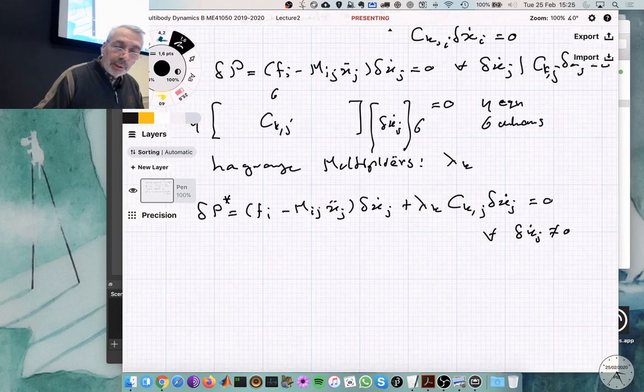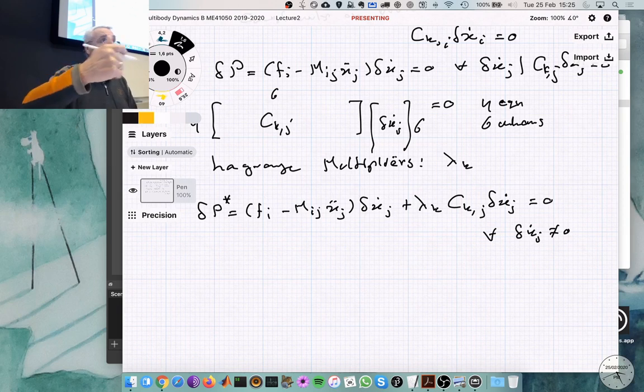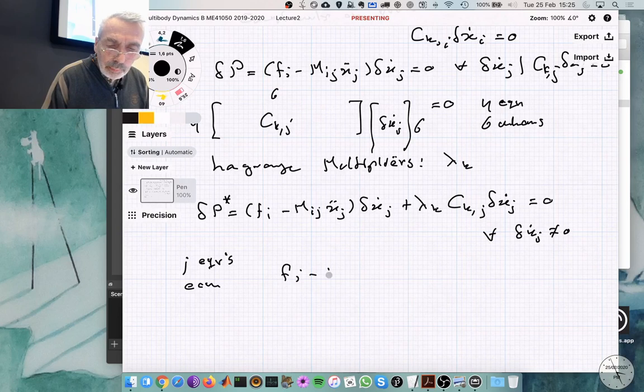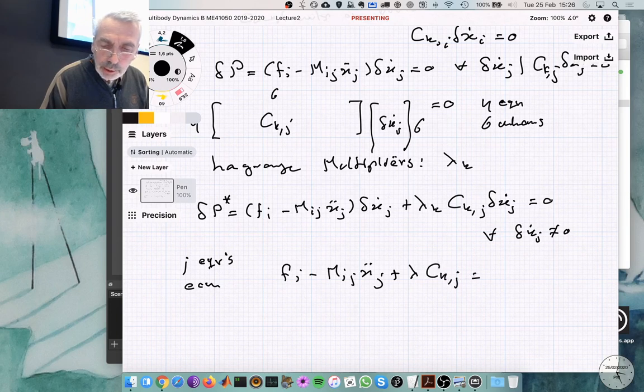Now if it holds for arbitrary velocities, I can take 1, 0, 0, 0, then 0, 1, 0, 0, so it's apparently for every j. So I get j equations, and these are actually our equations of motion: F_i minus m_ij x double dot j plus lambda k c_kj is 0.